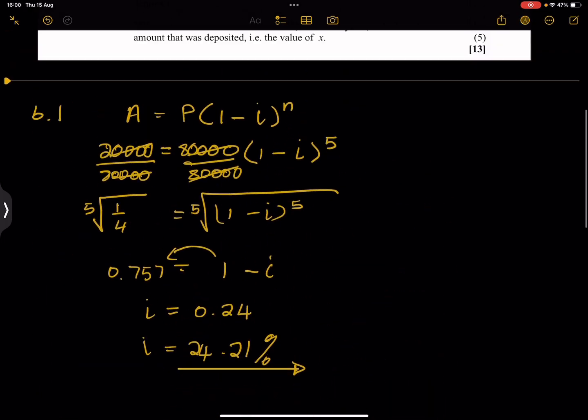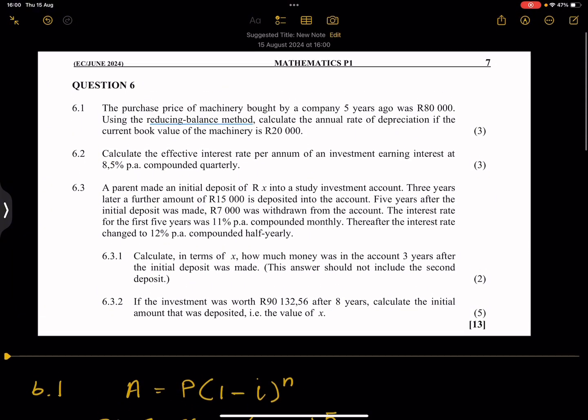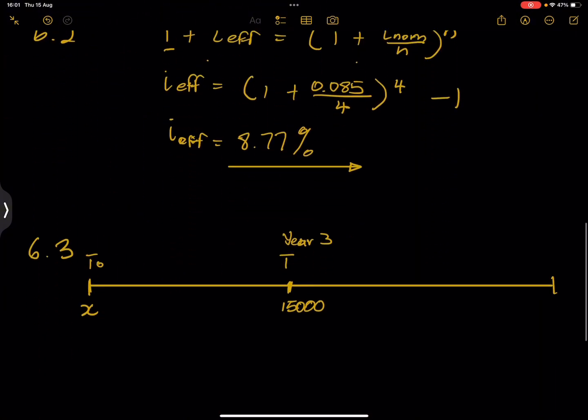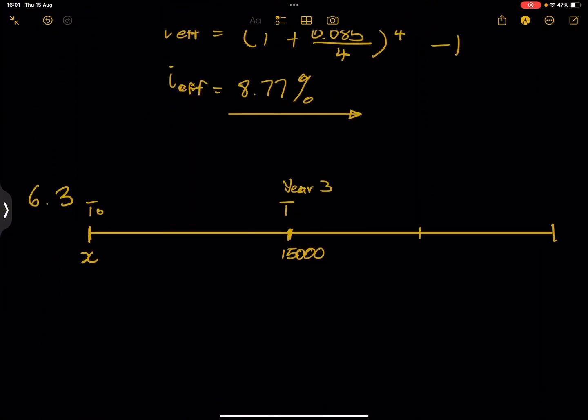And they say 5 years after the initial deposit was made, 7,000 is withdrawn from the account. So now we are withdrawing at year 7. We are withdrawing an amount of 7,000 rands.